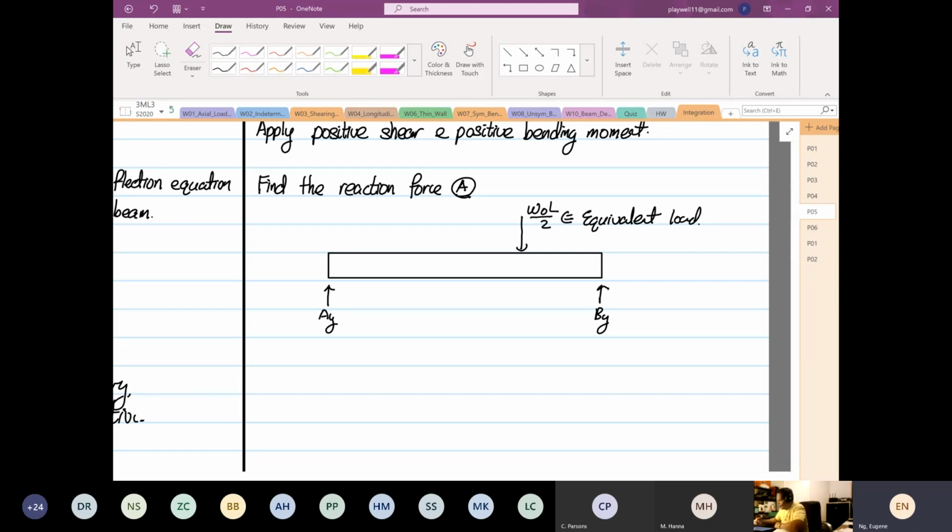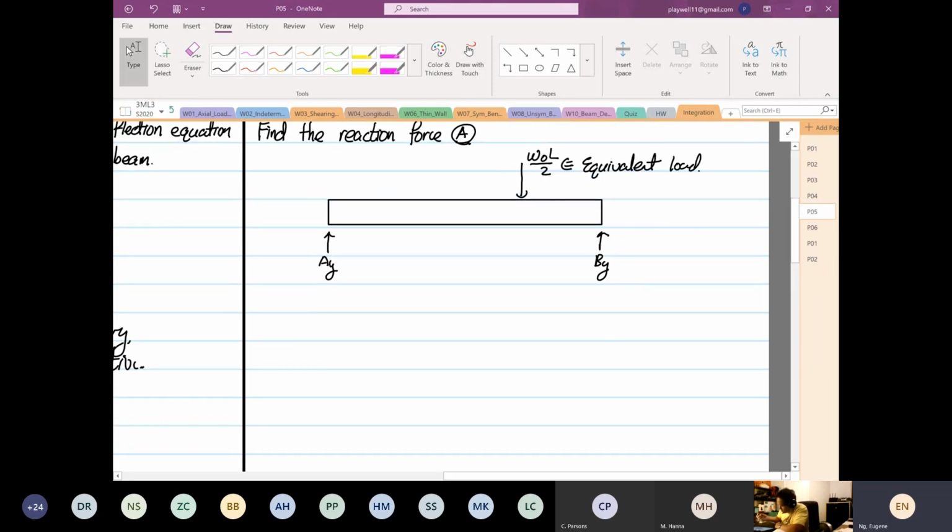Or there's another way to find the equivalent load, like what we said before. You again have to find the equation of the distributed load. I'd rather you use this.